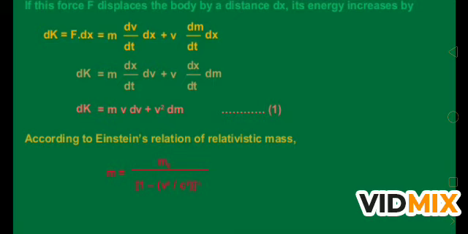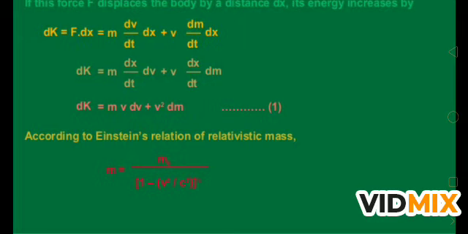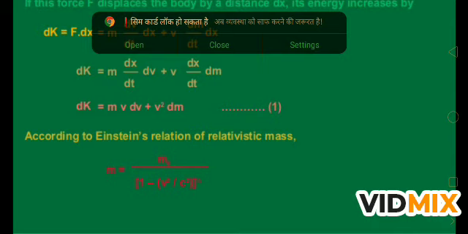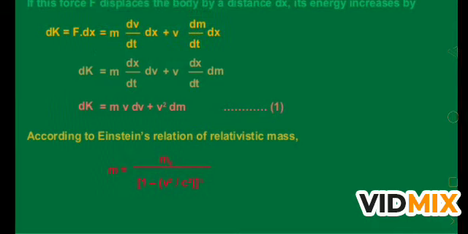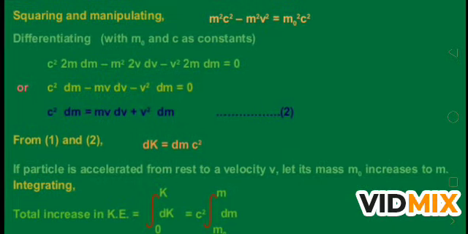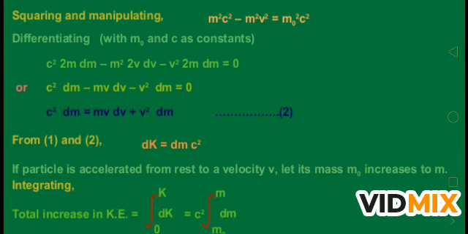According to Einstein relation of relativistic mass, m is equal to m naught upon square root of 1 minus v square upon c square, where m naught is the rest mass. Squaring both sides and manipulating it, m square c square minus m square v square is equal to m naught square c square.